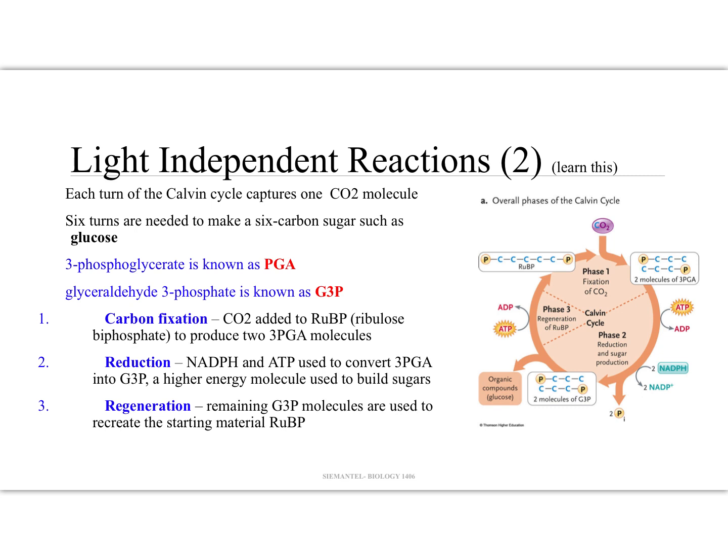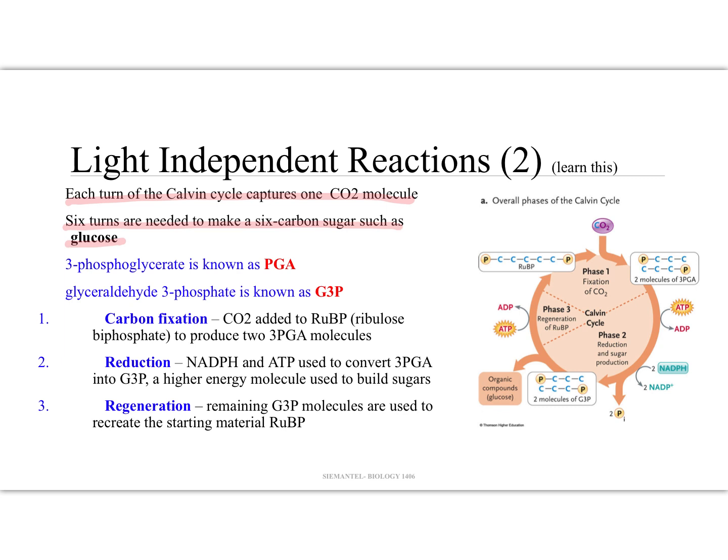Every time that cycle goes all the way through, we call it a turn, we actually only capture one carbon because carbon dioxide only has one carbon, okay? So each turn of the Calvin cycle only gives us one carbon from one carbon dioxide molecule. So it means that this cycle has to repeat itself 6 times so that we can make a 6-carbon sugar known as glucose. And most often, photosynthesis makes glucose.